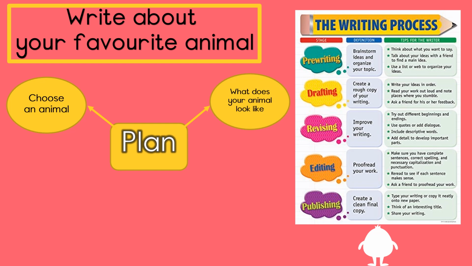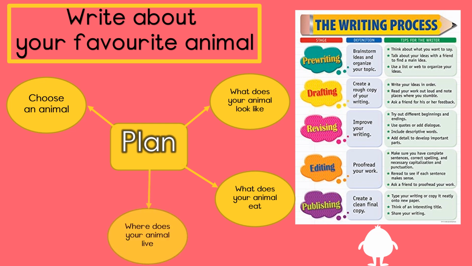Your next sentence can be, what does your animal look like? What does your animal eat? Where does your animal live? And lastly, write something interesting about your animal. Why do you like this animal?